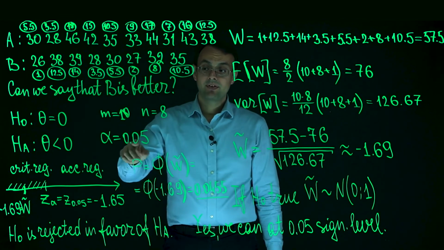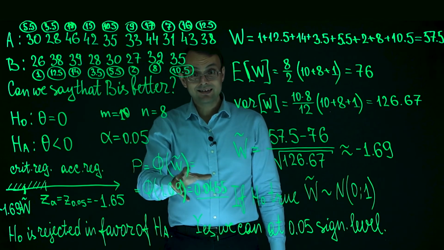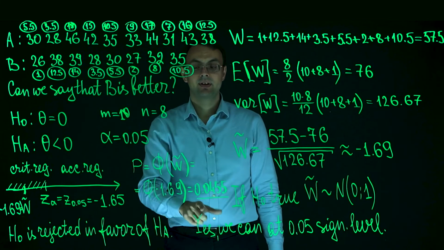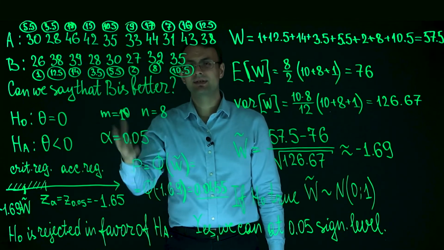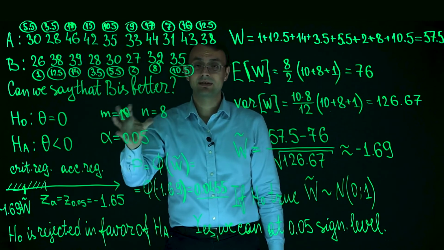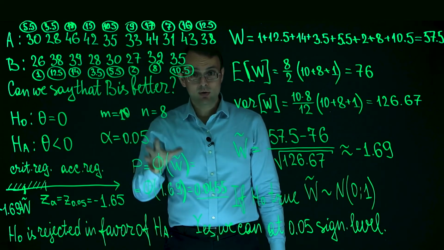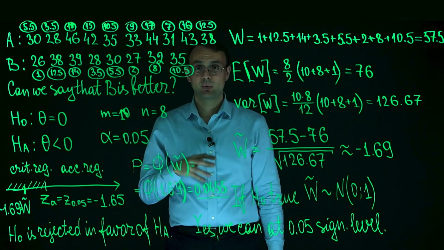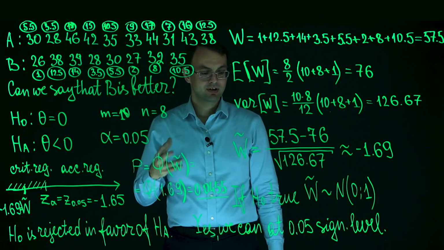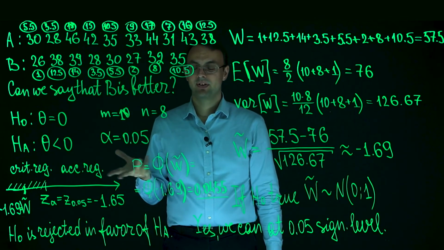If our significance level were less than the p-value, then we would say that we fail to reject, so we accept the null hypothesis, and that's it.